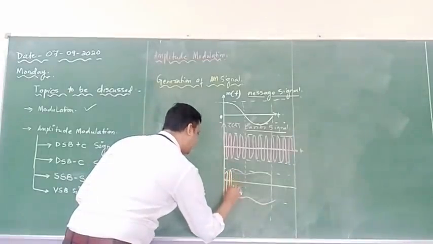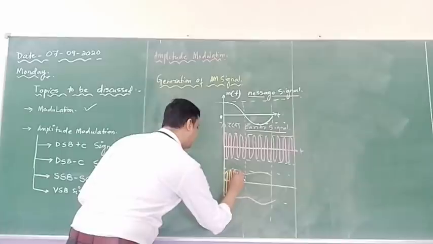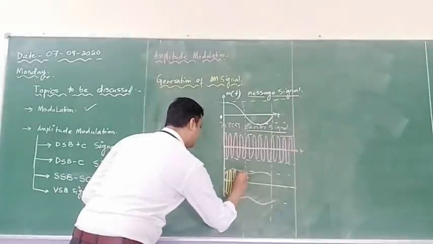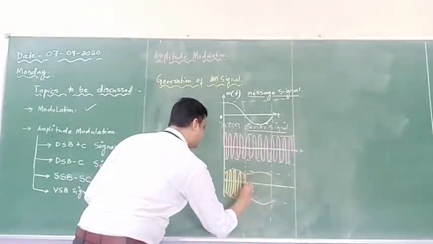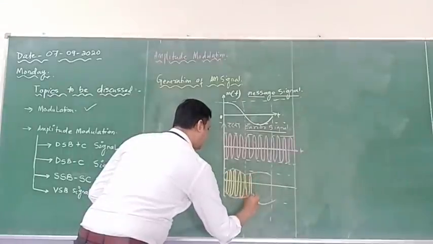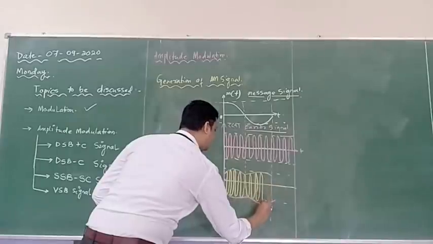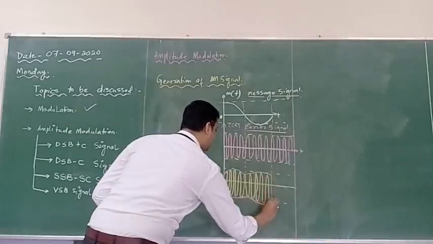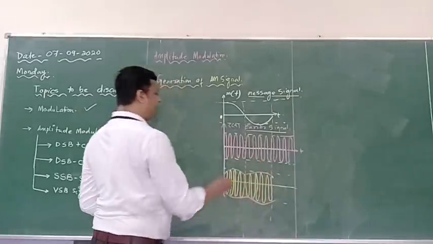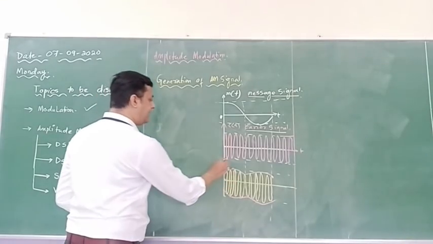This pink line is called as envelope. How it is happening I will tell you, but let me draw it first. And this yellow color is the carrier component. The carrier signal characteristics is changed. Which characteristics? Amplitude is changed. But the frequency and phase remain constant.